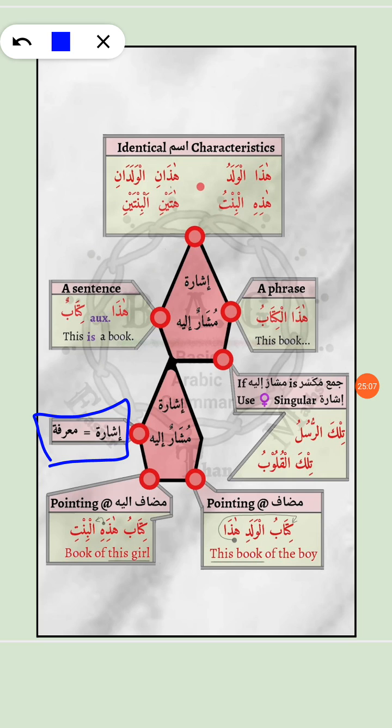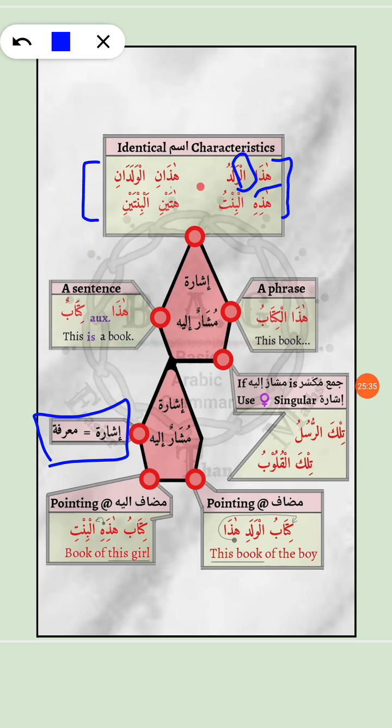This is something that you can very easily observe in all of these examples. Okay, hazal waladu. Haza is your masculine wahid, near ism ishara. Okay, so hazal waladu. And of course, you can also see that it's al waladu, so it means that it is your phrase, okay, and not a sentence.